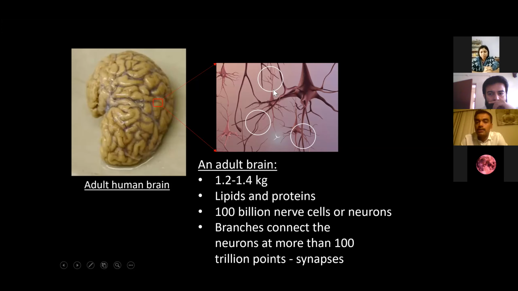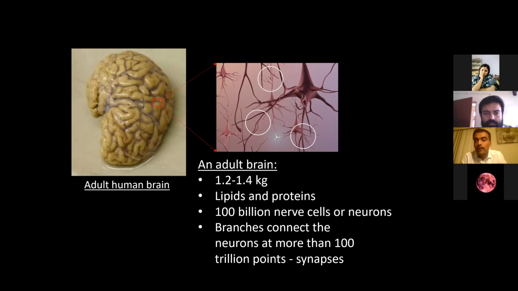That interaction is very essential for neuron-to-neuron communication. Basically, all our day-to-day life activities are controlled by these neuron-neuron communications. And there are almost 100 trillion interconnecting neuron points. In neuroscience, we call them synapses. So in one adult brain, there are almost 100 trillion synapses.